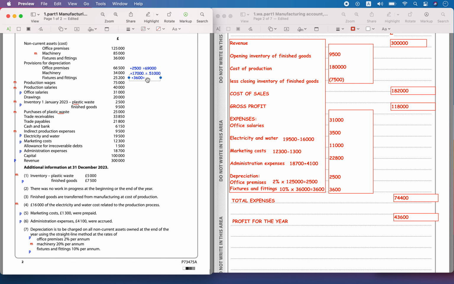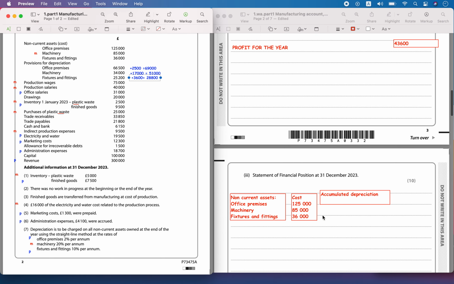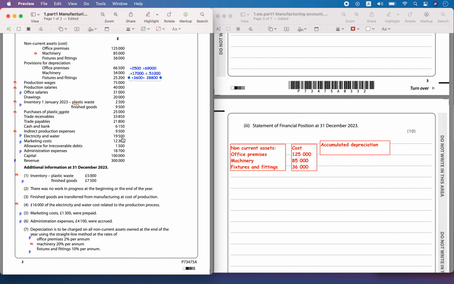That is the total accumulated depreciation after including this year's depreciation. You had calculated this year's depreciation and the previous one, so you just have to add to the existing accumulated depreciation and you will get the values.